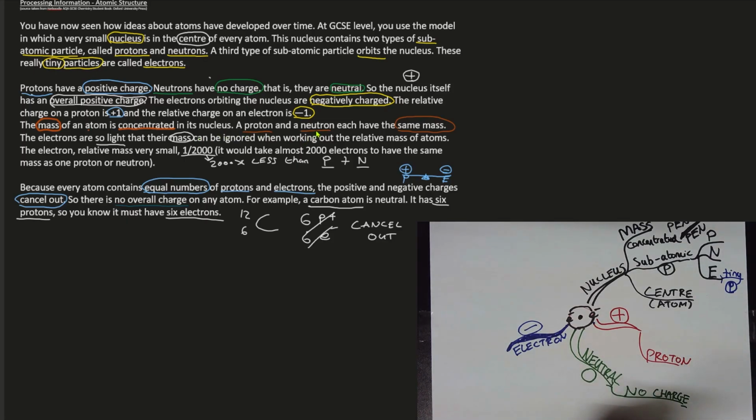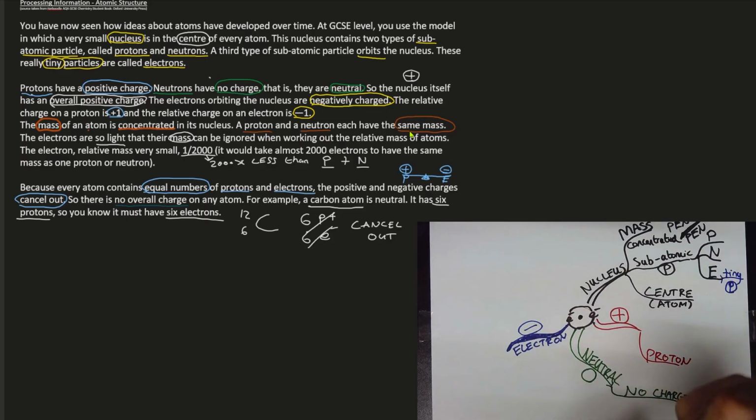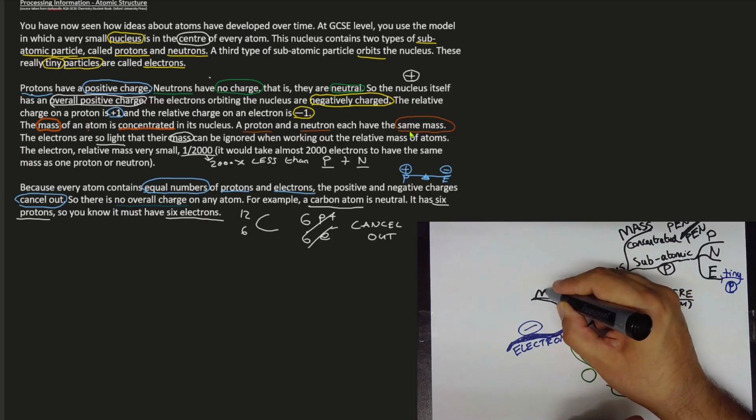Moving on, protons and neutrons each have the same mass. So here, if we wanted to, we can have another branch just for the word mass. Okay, so because mass is easy for me to remember, it's how heavy things are.